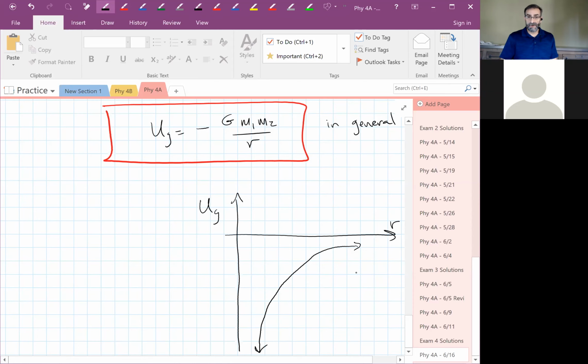That's negative 1 over R. And what has to happen as these two objects become closer together, the gravitational potential energy has to go down. When they get farther apart, the gravitational potential energy has to go up.